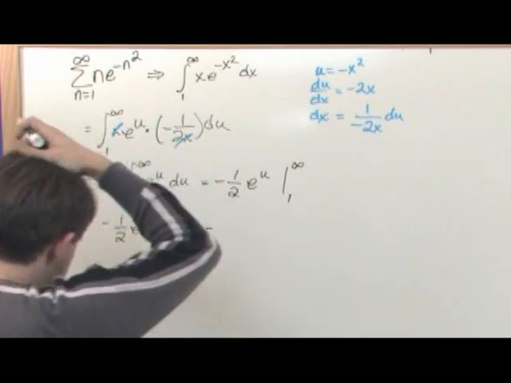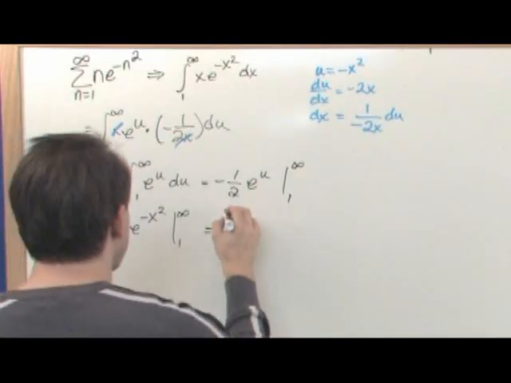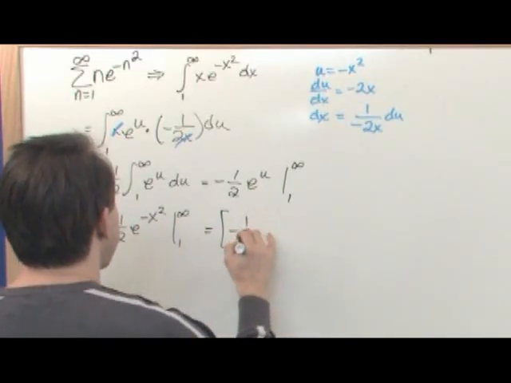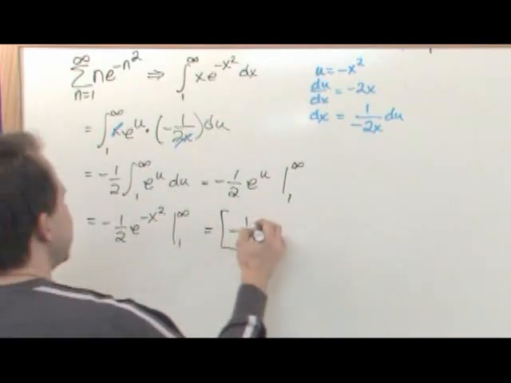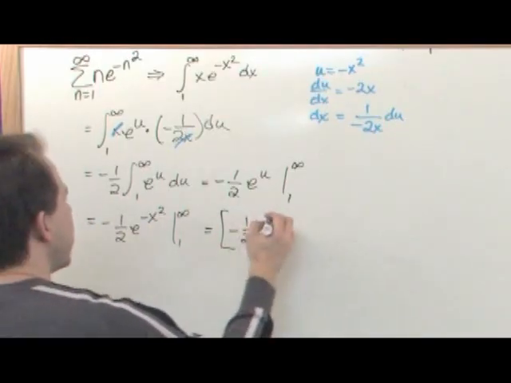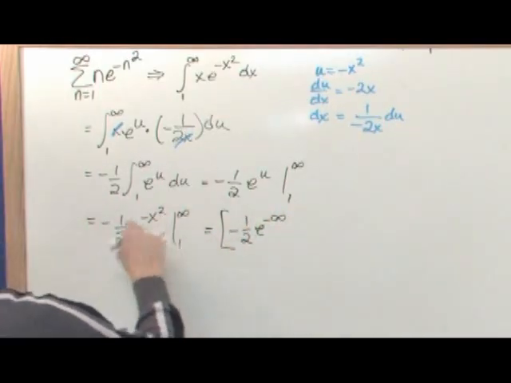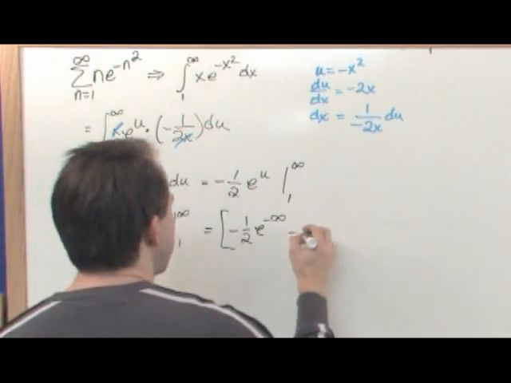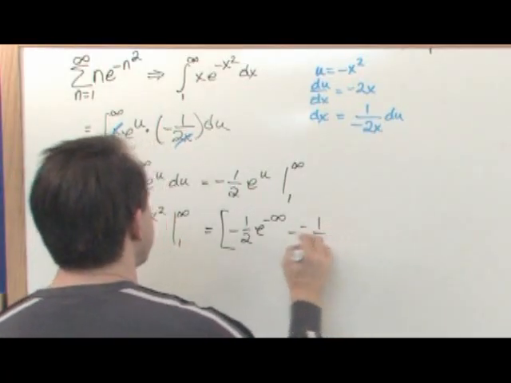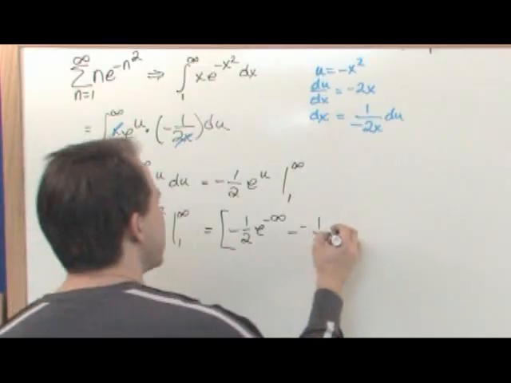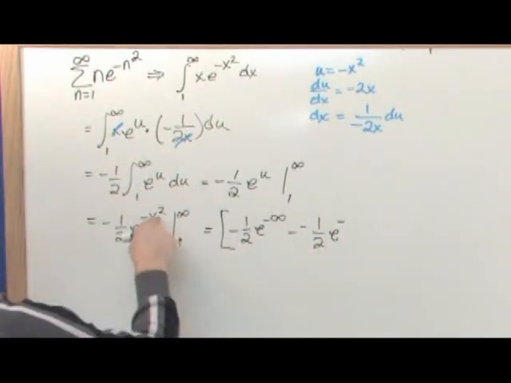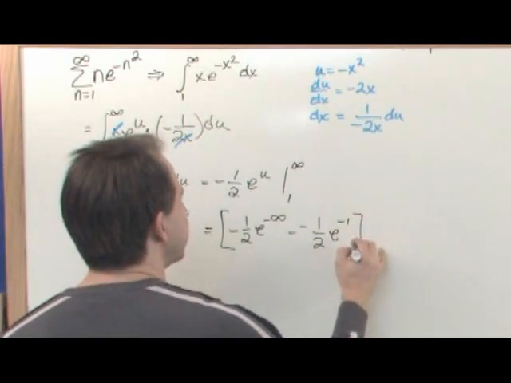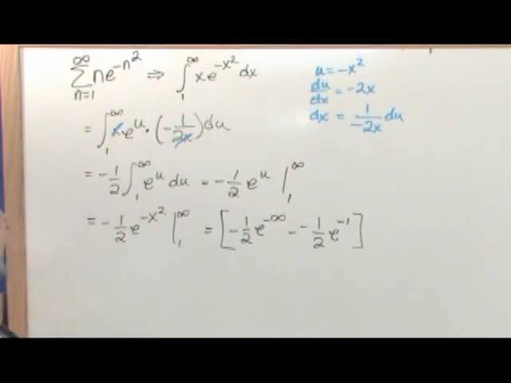Okay, the first term is negative 1/2 times e to the negative infinity, because infinity squared is infinity, minus a negative 1/2 times e to the negative 1 squared, which is e to the negative 1. So what does this reduce to?